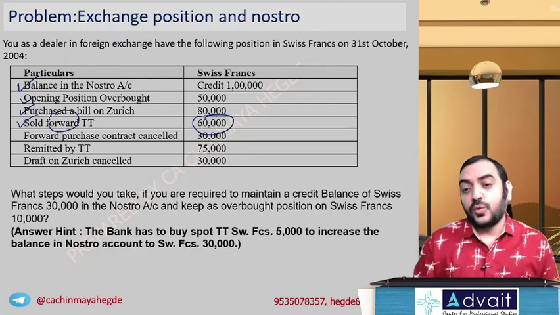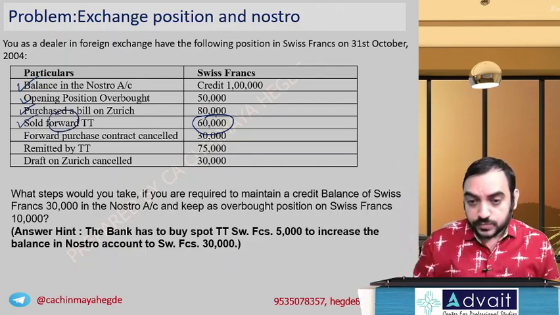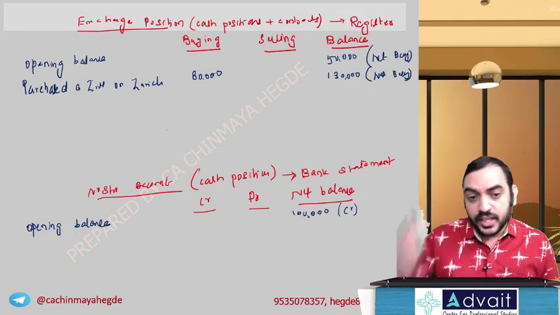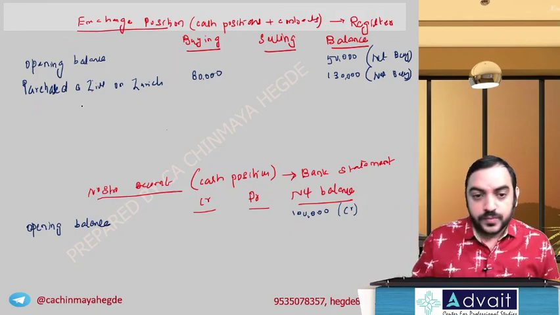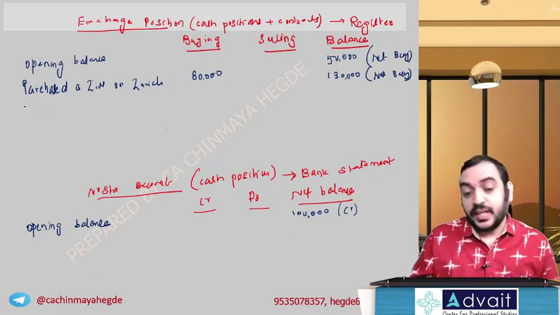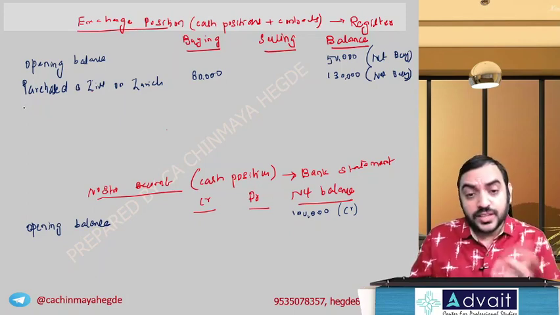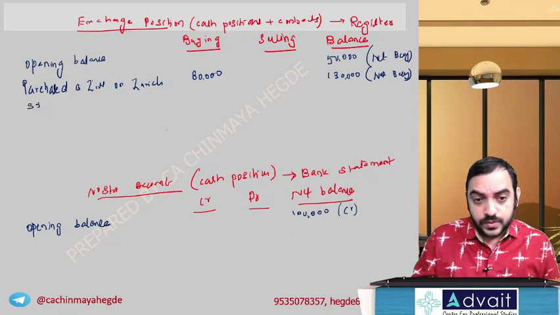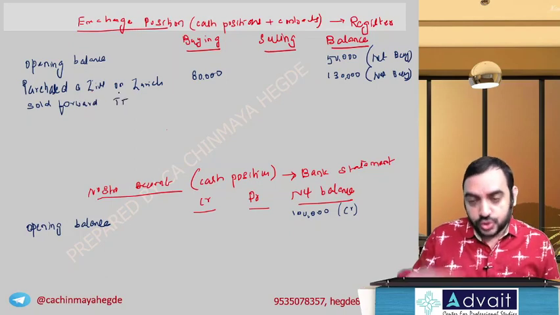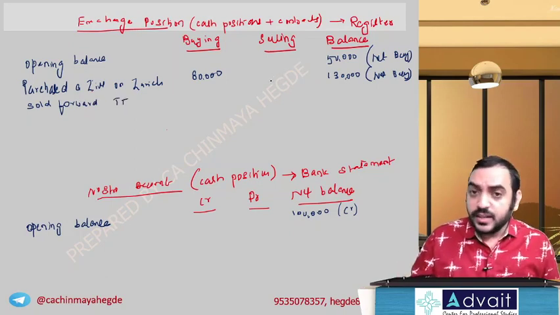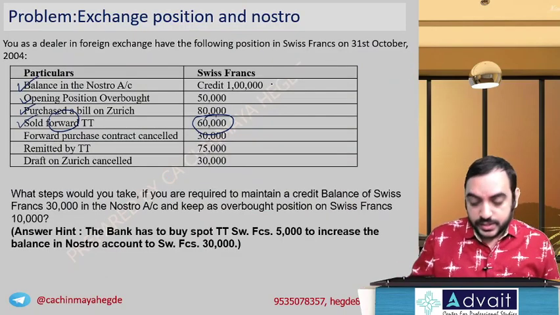Sold forward TT. Which means here we are going to do it on the exchange position only. It will not come in cash position. It's a forward transaction. Sold forward TT. Sold. Therefore, it will come under selling, 60,000.